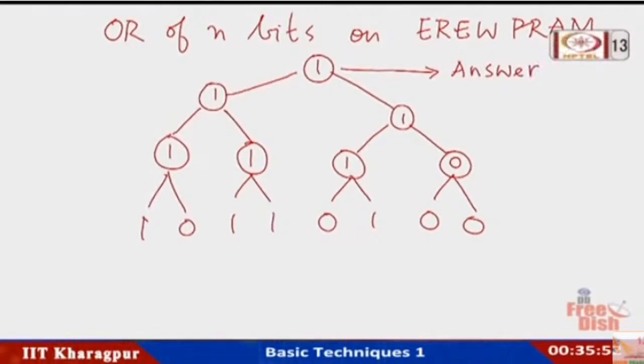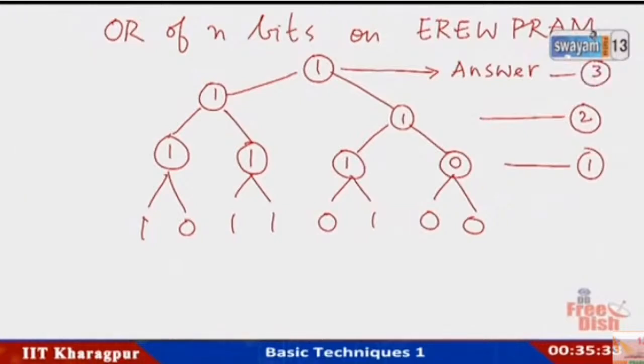So you see that given an array of size 8, the OR of these 8 bits can be found in 3 steps. This is the first step, this is the second step, and the answer is formed in the third step. And 3 happens to be the logarithm of 8 to the base 2. So the algorithm involves log n steps.